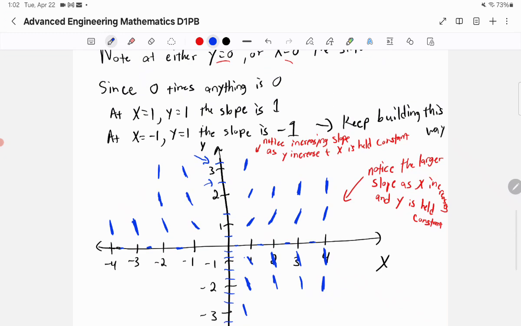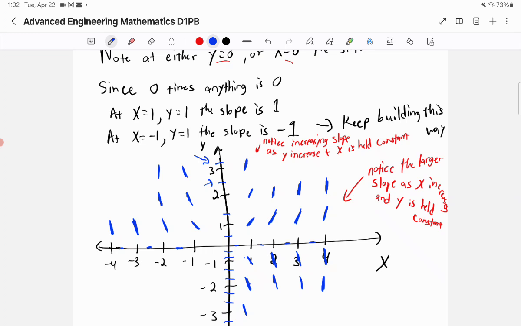So obviously, because that line has a slope of 0, I'm going to draw it as a flat line, because the slope of a line being 0 means that it has to lay flat, right? Like it has to be parallel to the x-axis, okay?